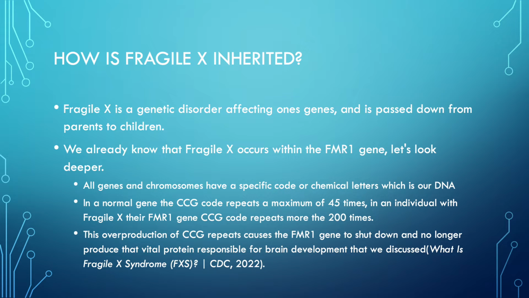In a normal gene, the CCG code repeats a maximum of 45 times. In an individual with Fragile X, their FMR1 gene CCG code repeats more than 200 times. This overproduction of CCG repeats causes the FMR1 gene to shut down and no longer produce that vital protein responsible for brain development that we discussed.